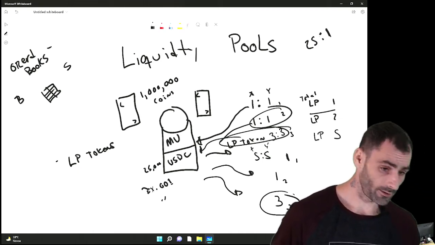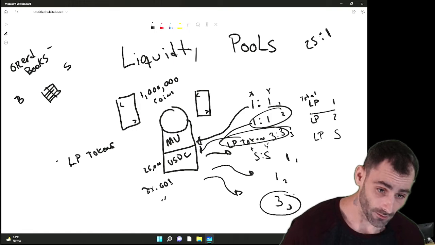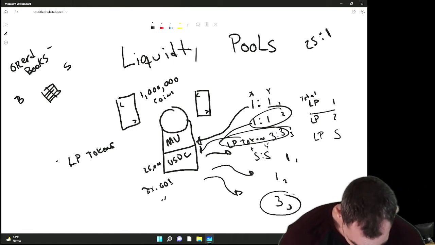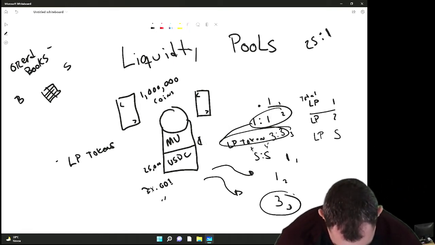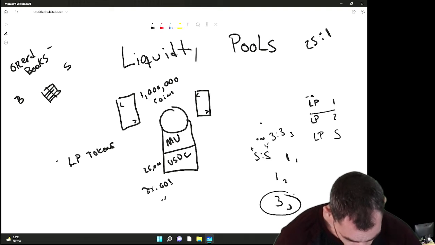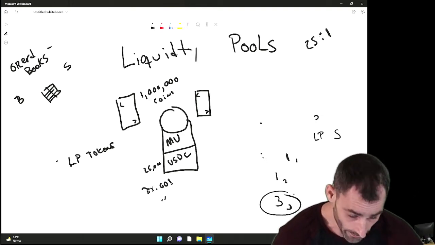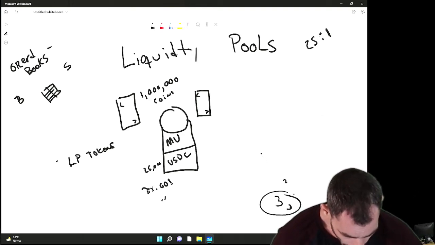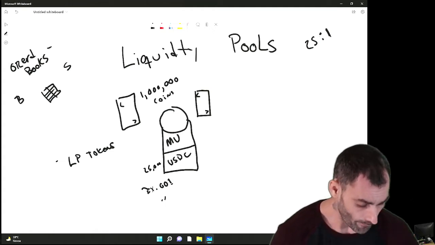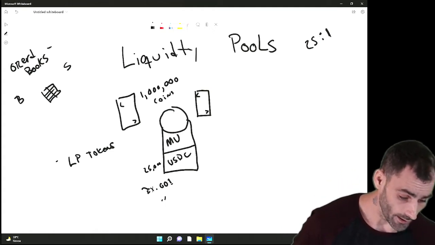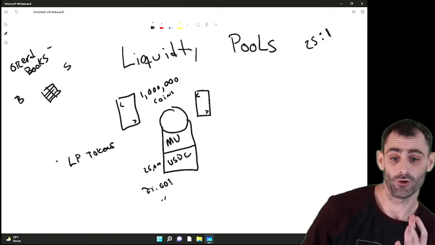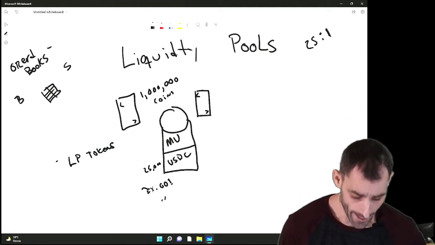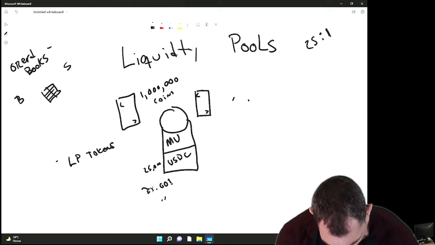Why somebody would want to provide liquidity is for the fees, okay? In the liquidity pool, in order for people to trade, they have to pay a fee to the liquidity pool. So if you want to trade, you're going to pay a fee, and that fee is usually around 0.03%.